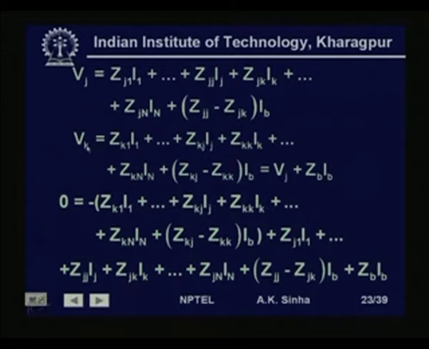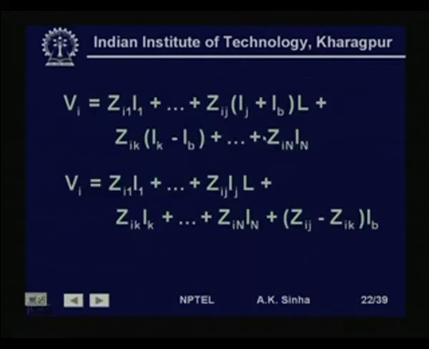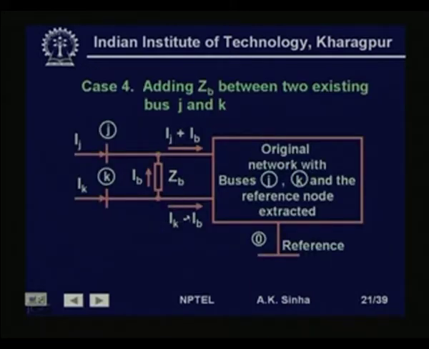Similarly, for any other bus K, we can write this in a similar way, where at bus J we will be having Ij plus Ib. So, we have Zkj into Ib, and at bus K we have Ik minus Ib.